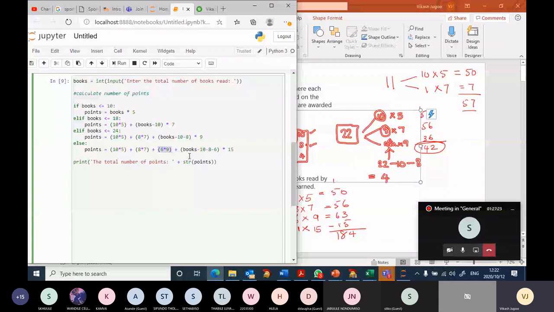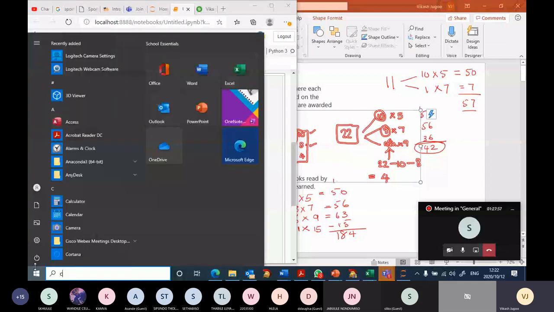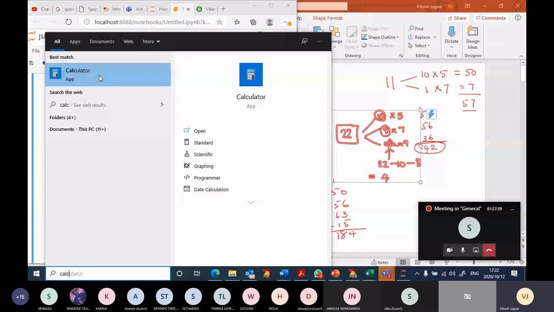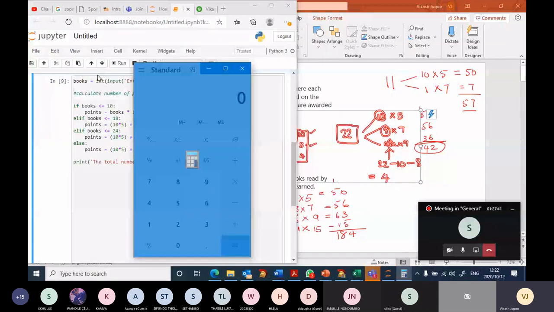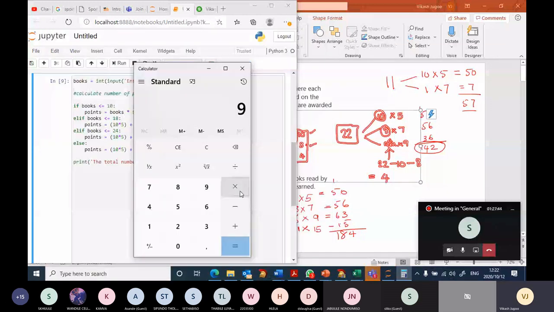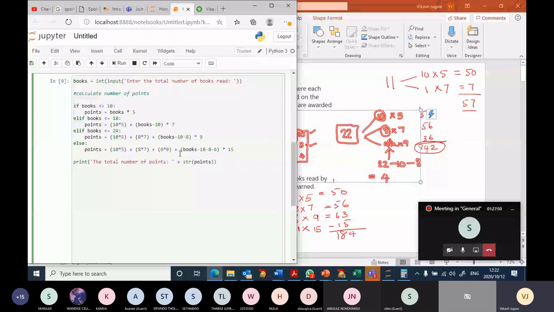9 times 6 is not 63, it's 54. That's where I made a mistake with my calculation. I said 9 times 6. I'm having to pull out my calculator. 9 times 6 is 54. That's my mistake. So now I found my mistake.